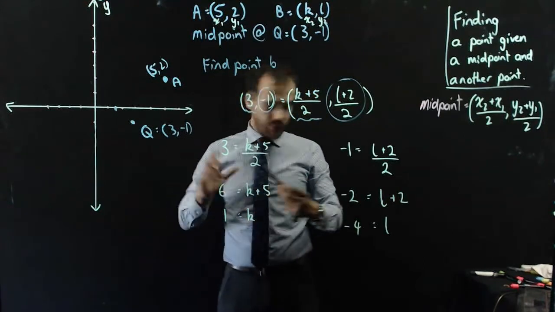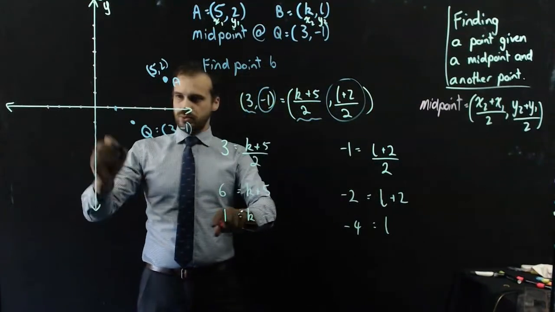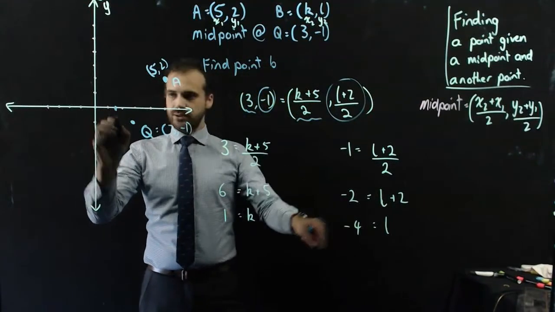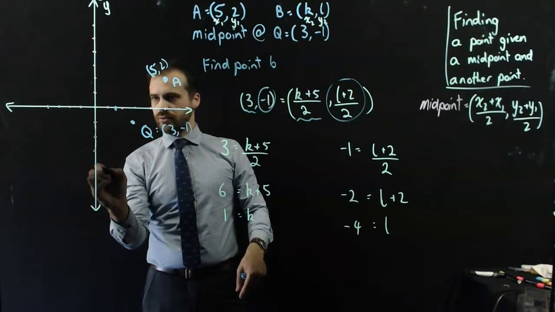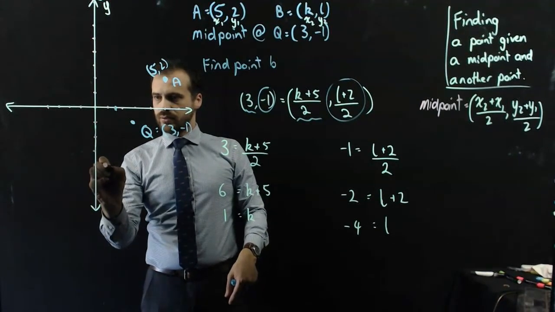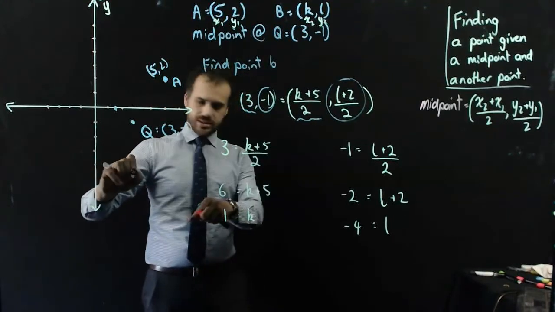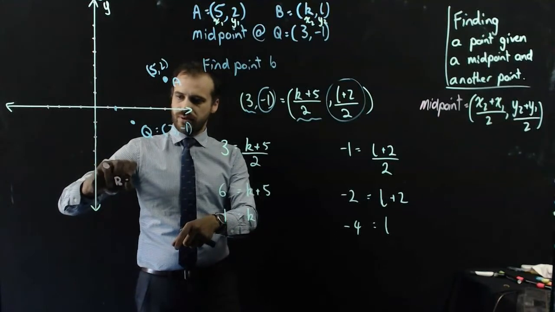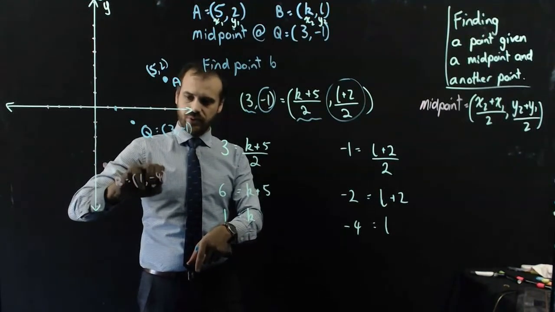Okay, let's figure out whether this makes sense. I'm going to use pink here. k equals 1 here, L equals negative 4. That looks good, right? So our B value is (1, -4).